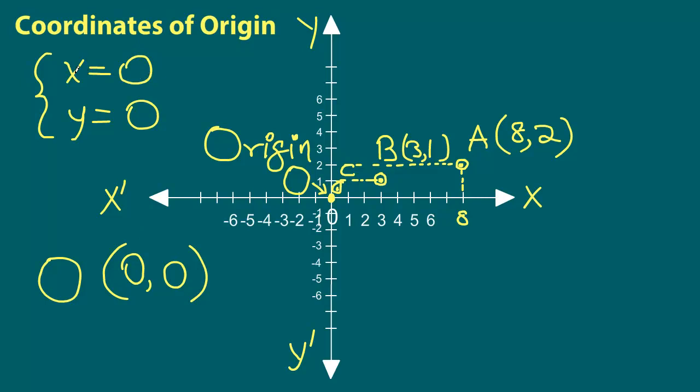That means there is no difference of the point along x-axis from origin. They are the same point. Similarly, on the y-axis, there is no distance left from origin of this point along y-axis. So both x will be 0 and y will be 0. We say the coordinates of the point origin is (0, 0).